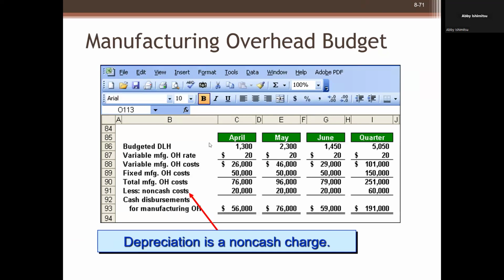So I'm going to subtract the non-cash costs, and the problem gave those to us. They said mostly depreciation, non-cash costs. And then I want to come up with our cash disbursements here. Okay. All right. Does that make sense, Abby? So we're using this budget for 2 things. One, to come up with the predetermined overhead rate, and the other to inform the cash budget. But interrupt me if you have questions.